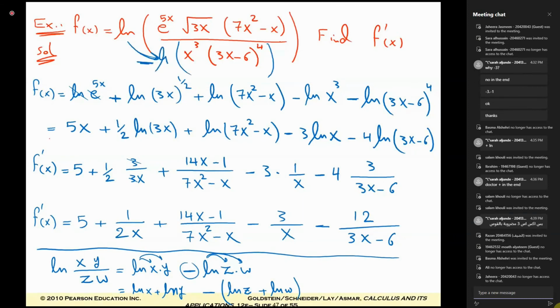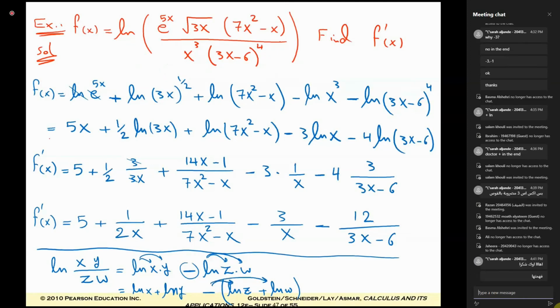When distributing ln x to the power 3 plus ln of the brackets 3x minus 6 to the power 4, but we have negative outside, it must be multiplied in the denominators. So after multiplying the negative for the z and w, we have negative negative.